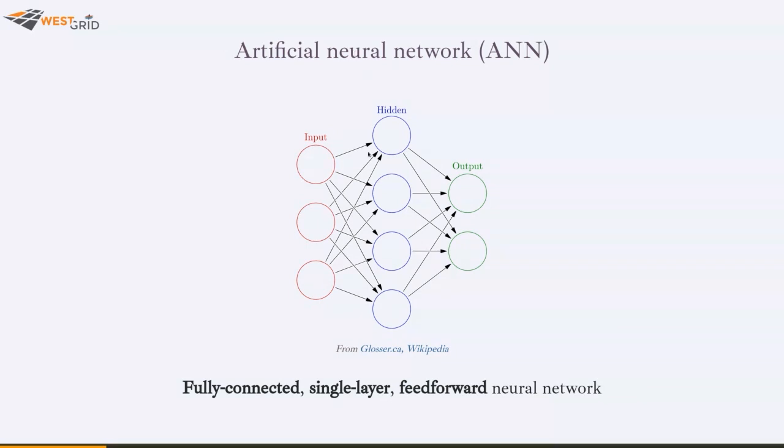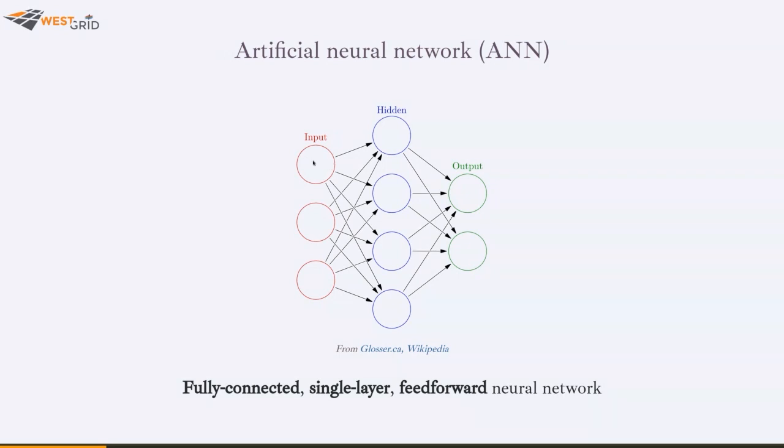So it's a vector. Then in the simplest neural network possible, which is a single layer, you have only one hidden layer, and then you have the output layer. This one is also a feed-forward neural network in that the information moves from the input to the output. It doesn't create loops, it doesn't go backward, so that's also a very simple structure.